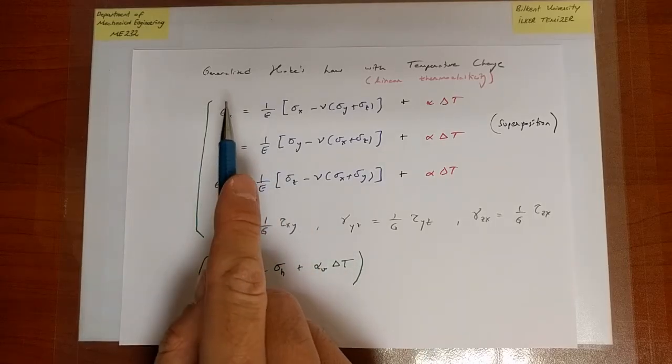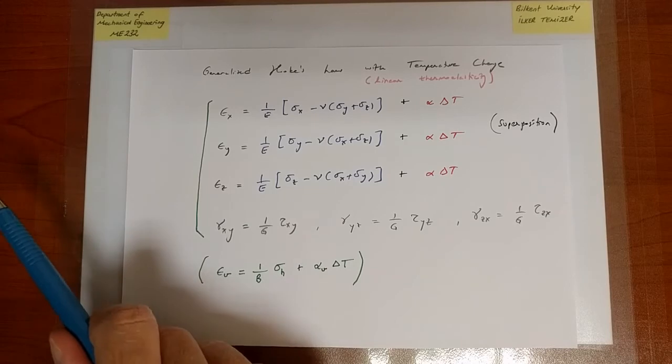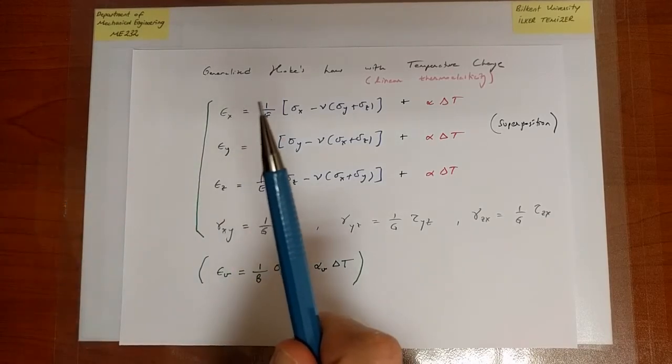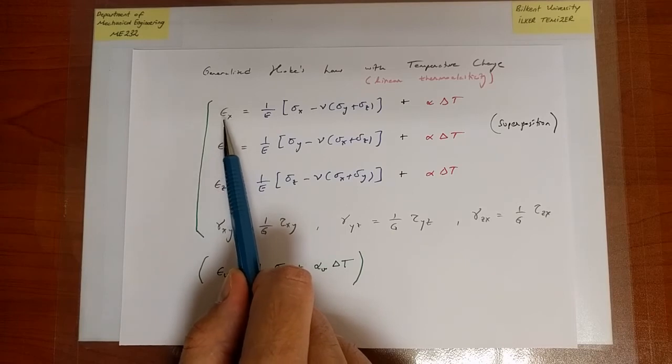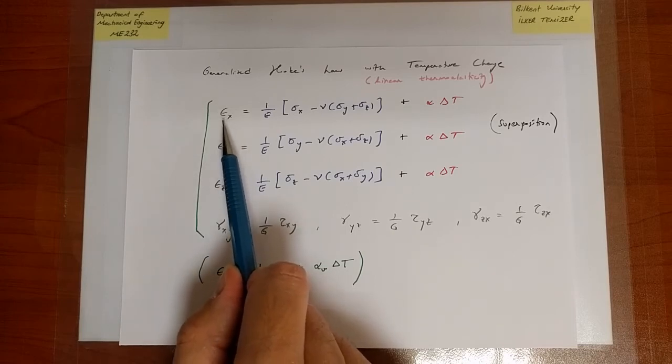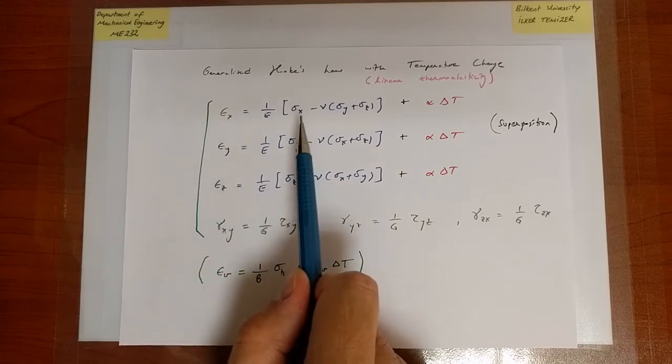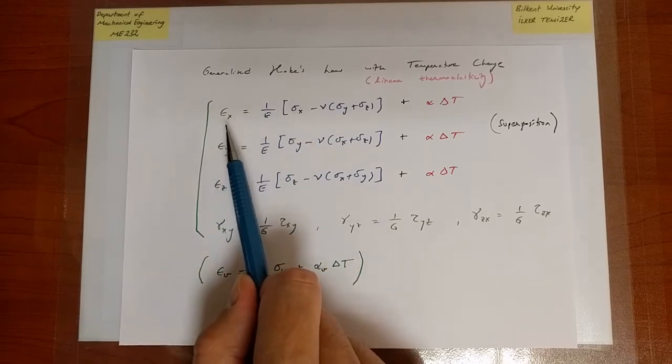Well, let's emphasize a few things here that are important. So, first of all, what we see is that if the thermal strain is equal to 0, it doesn't mean that you have zero loading.